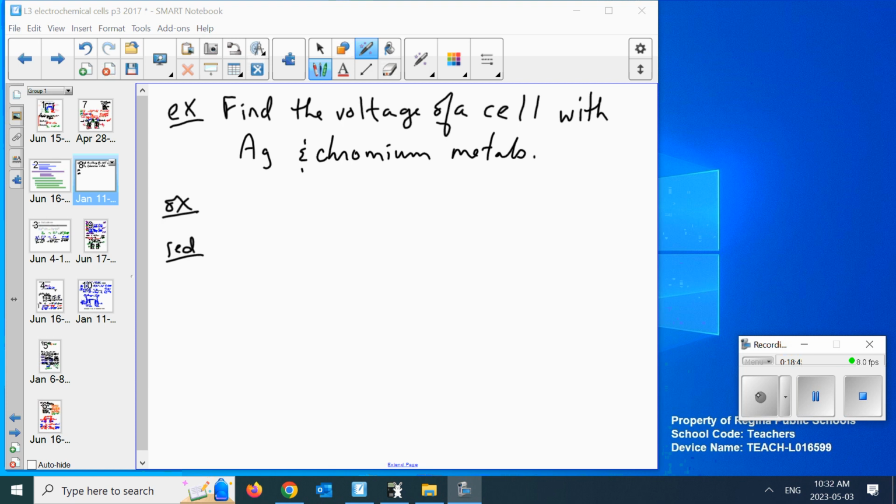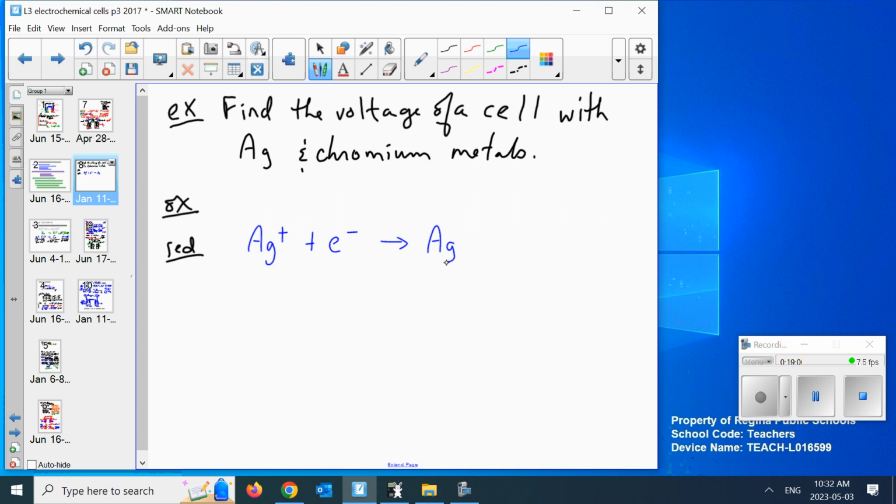Reduction is gaining electrons, so I put it down: Ag plus plus an electron gives Ag solid.